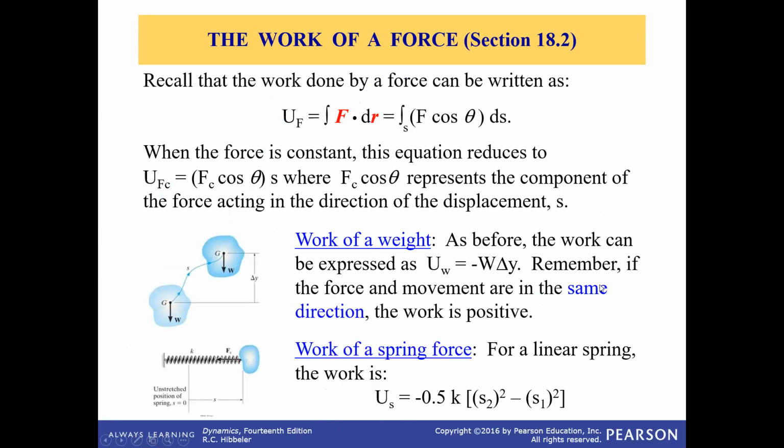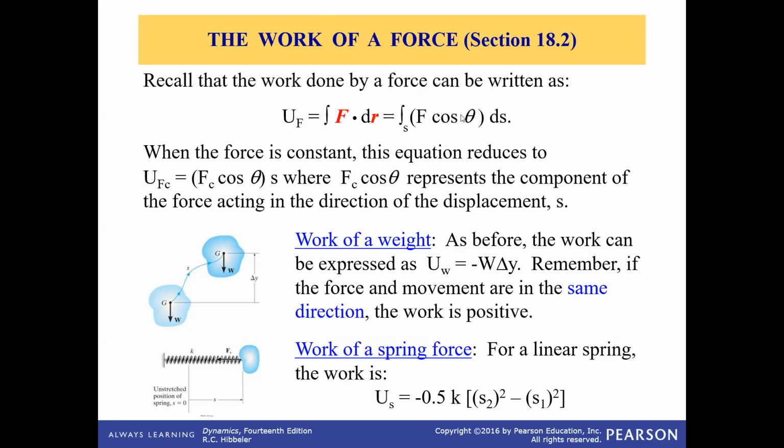For kinetic energy, we learned the principle of work and energy, which says the work done should be equal to the change in the kinetic energy. Work is defined as F times dr, and then you integrate it.